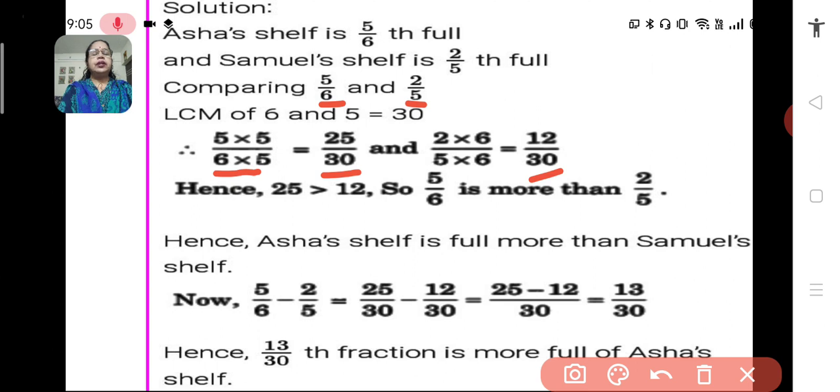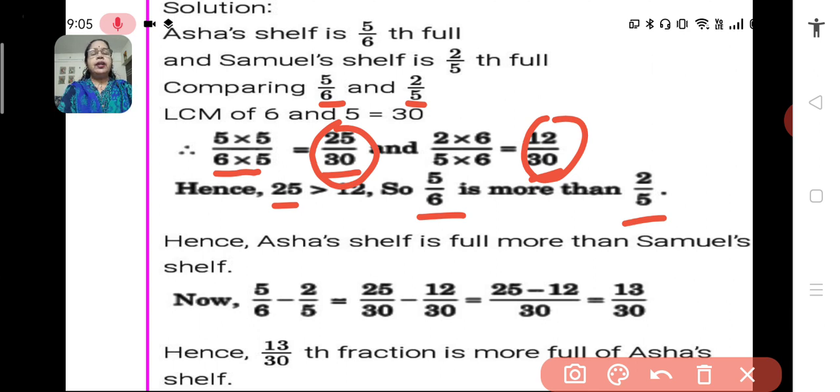Which one is greater? Since 25 is greater than 12, 25 upon 30 is greater than 12 upon 30. That means the fraction 5 upon 6 is more than 2 upon 5. That means whose shelf is more full? It is Asha's shelf which is more full than Samuel's shelf.